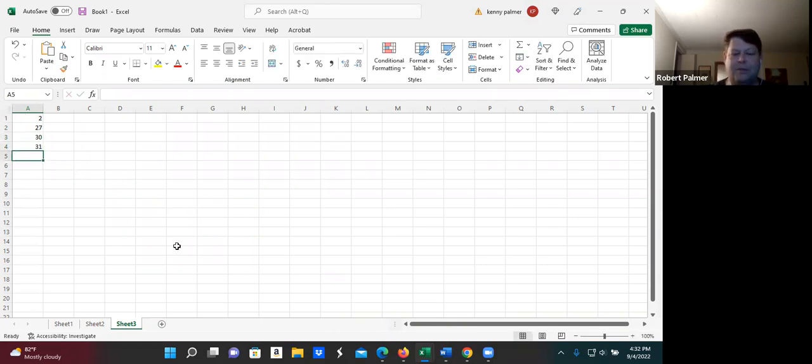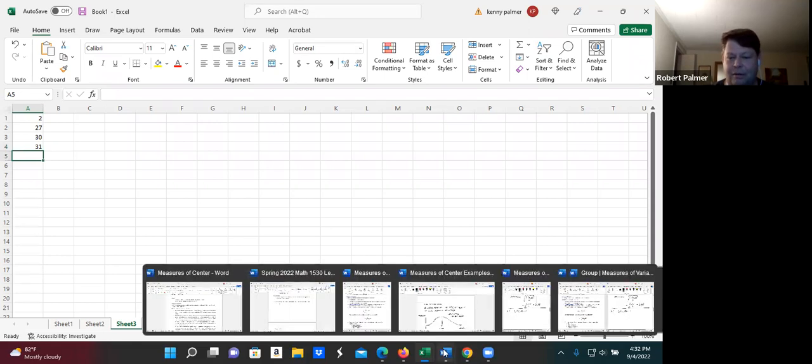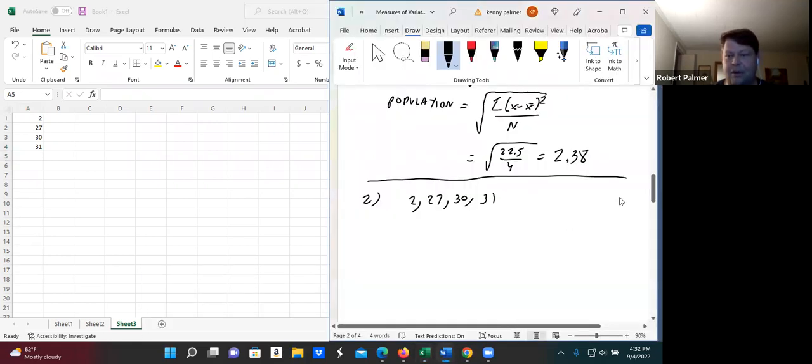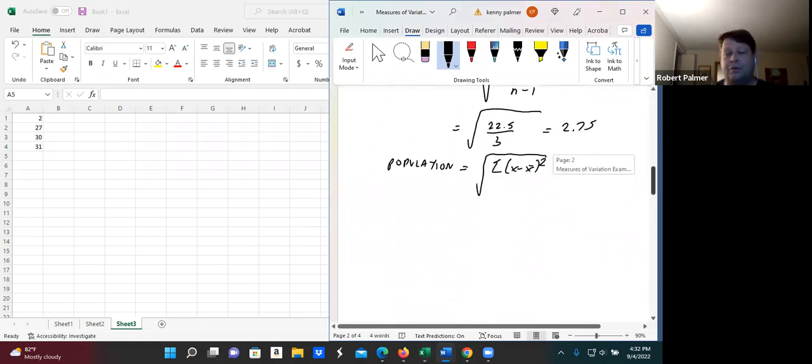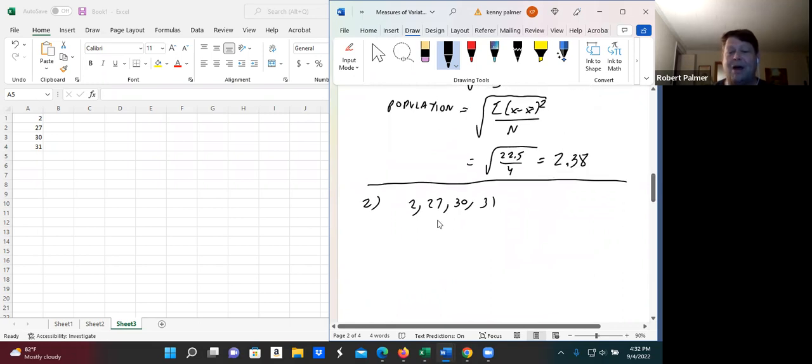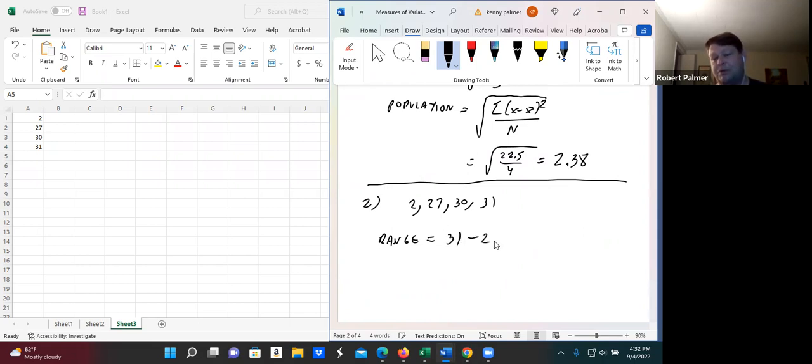What we expect to happen is, go back and look at our values. Remember, I just replaced 25 here with the number 2. What happens is that I now have more variation. First off, look at my range. My range is much larger. You can also calculate range with Excel, but it's easy to do here. It's the highest value, 31, minus the lowest value, which is 2, which is 29. That is a lot larger.